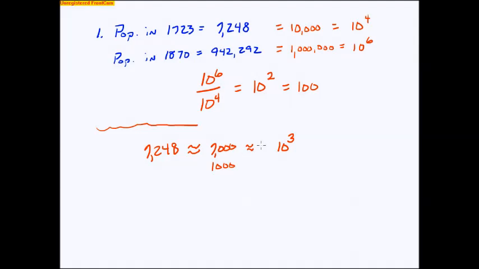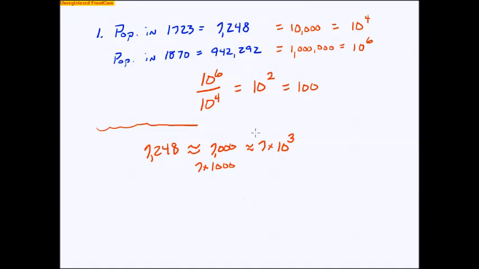If I multiply that 1,000 by 7, so 7 times 10 to the 3rd, that would be 7 times 1,000, which is 7,000, which is much closer to 7,248 than the one up here. So this is again an approximation, but it's much, much closer.